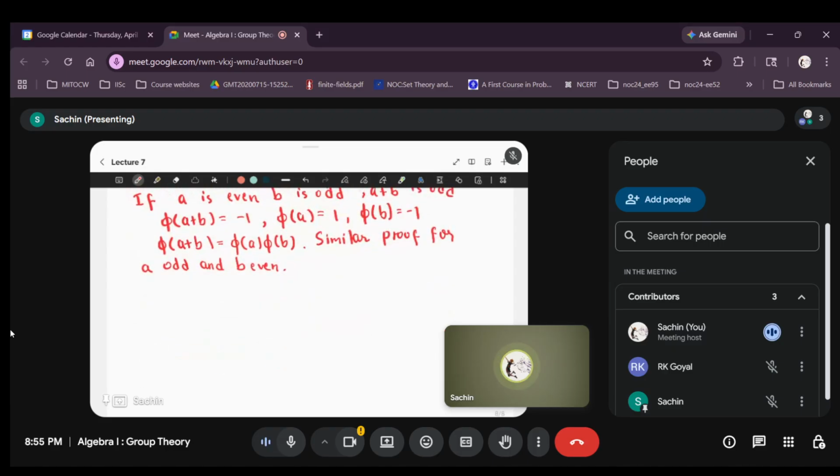So in all possible cases, phi of a plus b is equal to phi of a times phi of b. So we can say that phi is a homomorphism. I'll simply write homom.